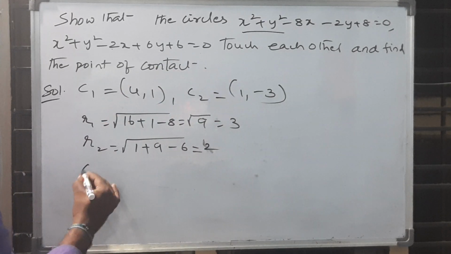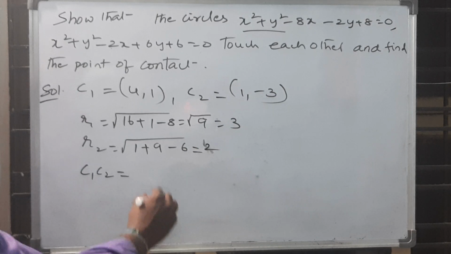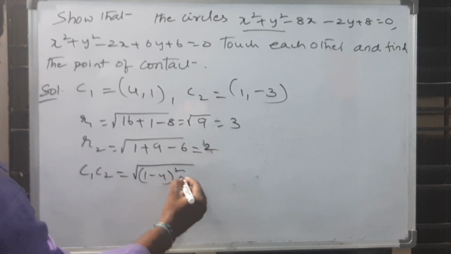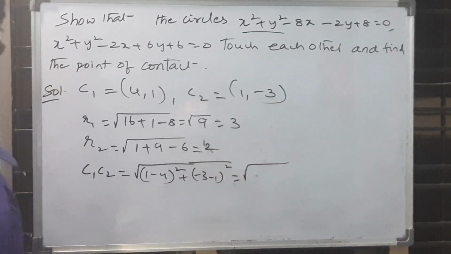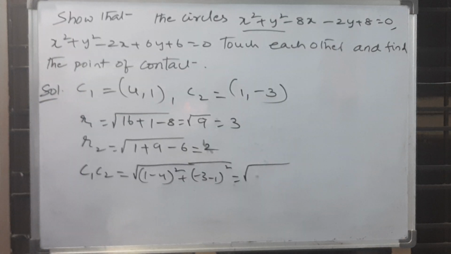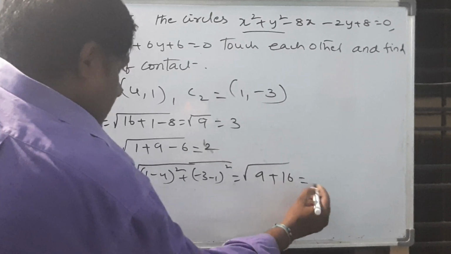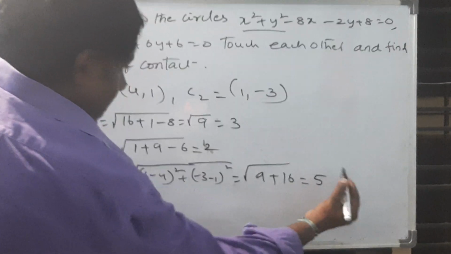Next, first we have to find the distance between two centers C1, C2. That is square root of 1 minus 4 whole square plus minus 3 minus 1 whole square. That is equal to square root of 1 minus 4 is minus 3, whole square is 9, plus minus 4 whole square is 16. So root of 9 plus 16 is 25, square root of 25 is 5.